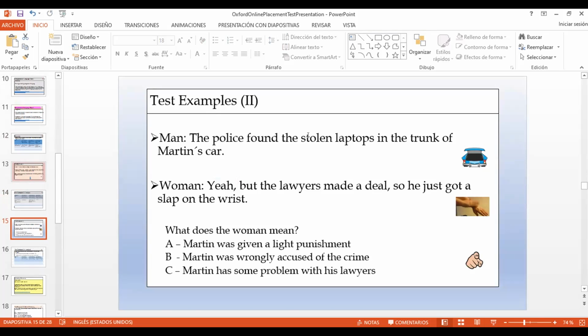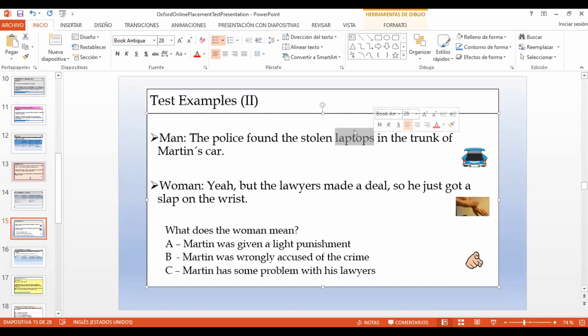The police found the stolen laptops in the trunk of Martin's car. And here we have some keywords. Laptops, of course, we know these are nouns. This is something valuable.